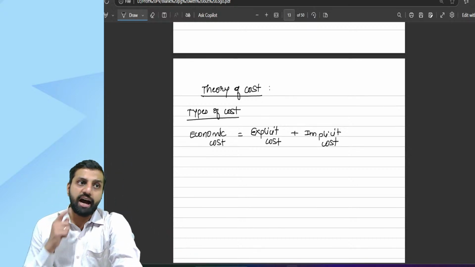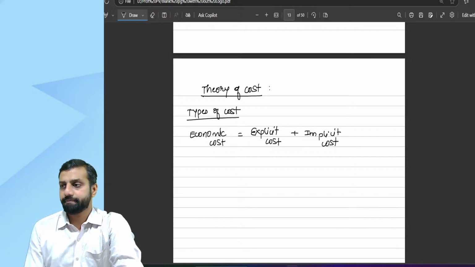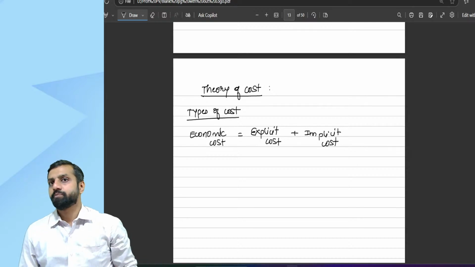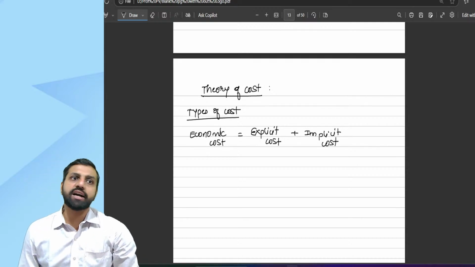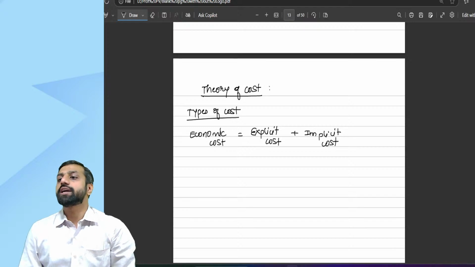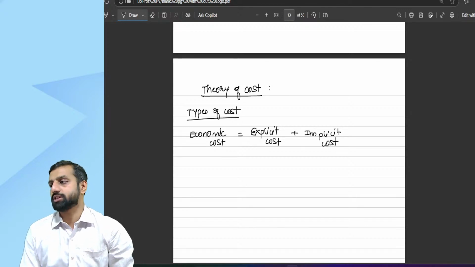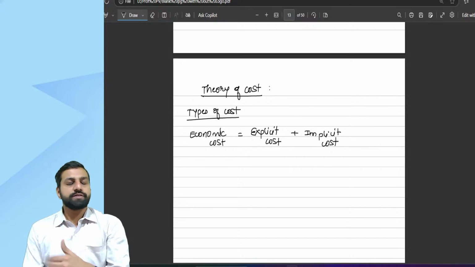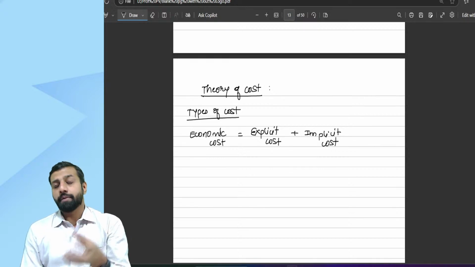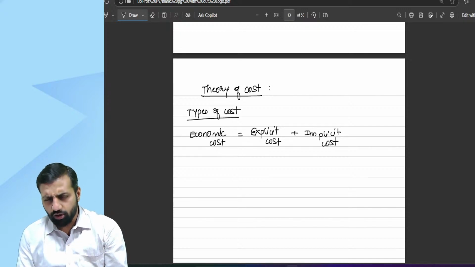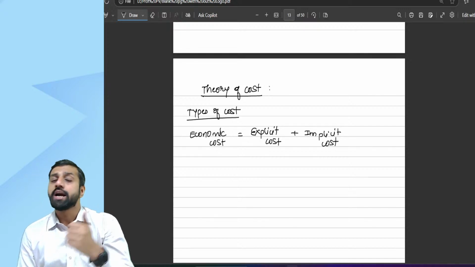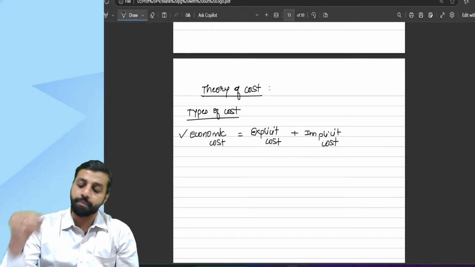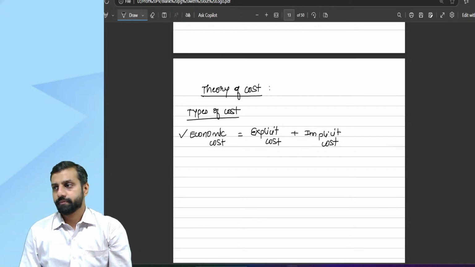Explicit costs are accounted, therefore they are called accounting costs. Implicit costs are for factors of production owned, so they are called opportunity costs. In accounts we study only accounting cost, but in economics we study accounting cost as well as implicit cost. Explicit plus implicit together is called economic cost.